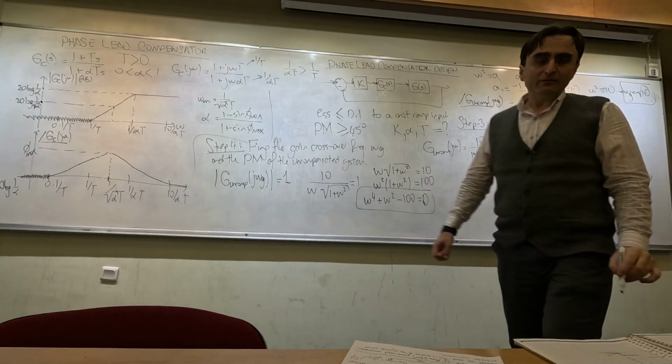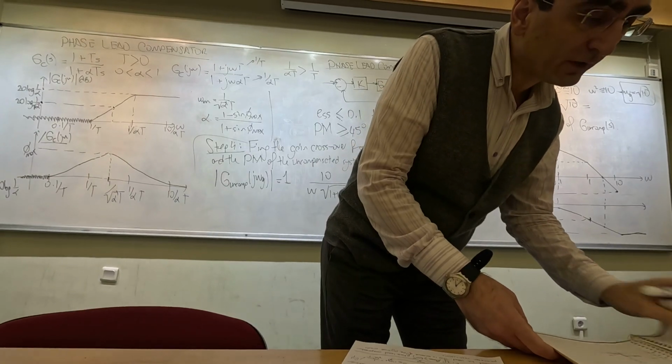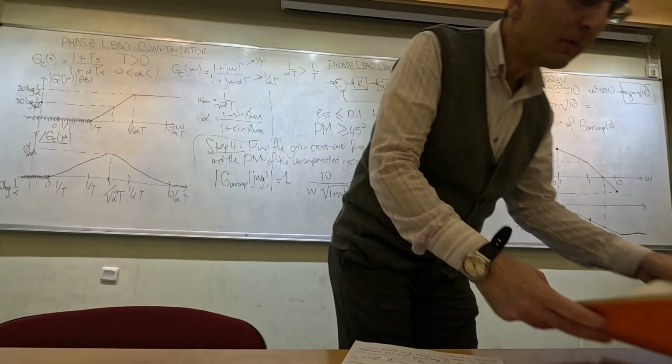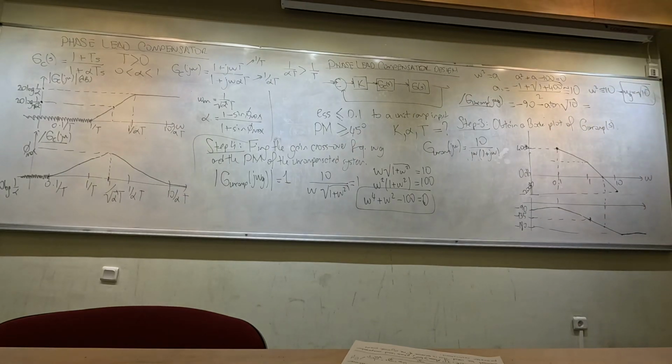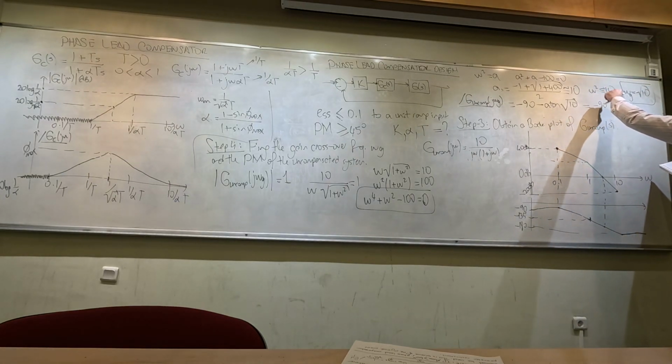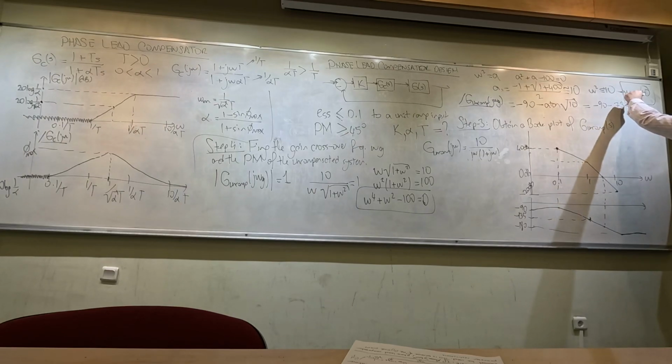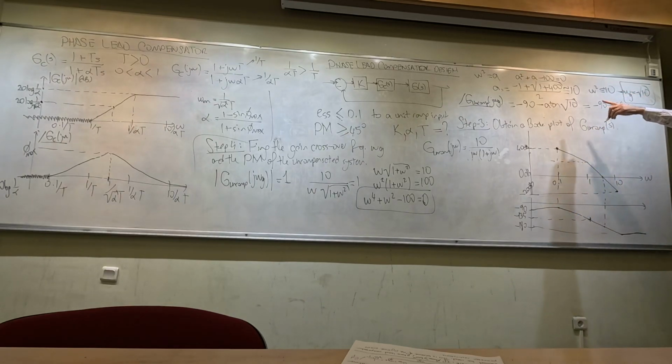Then I just have to calculate this. If you calculate that arctangent value, you're going to see that it is minus 90 minus 73, since that is what arctangent of the square root of 10 is.